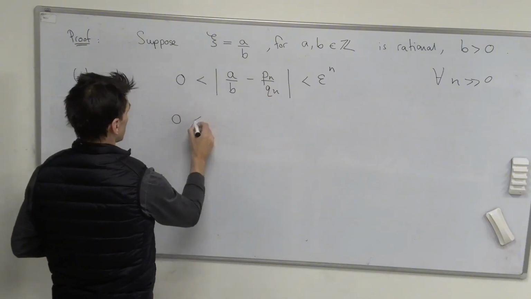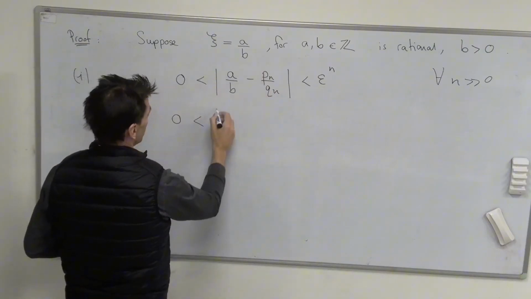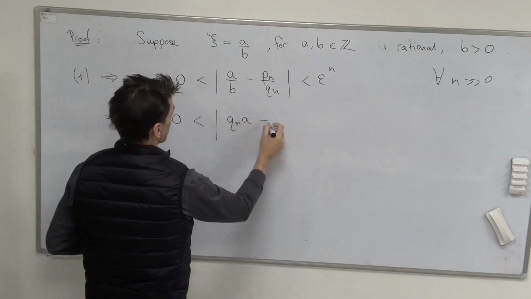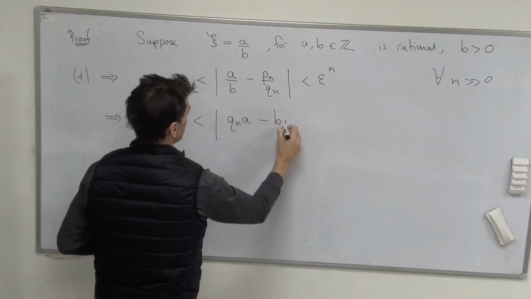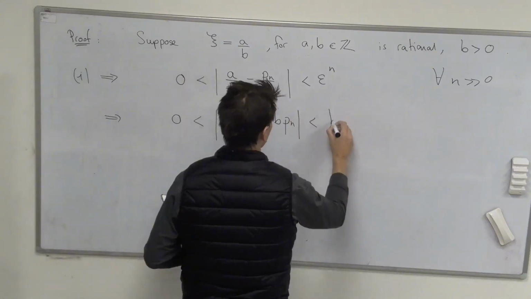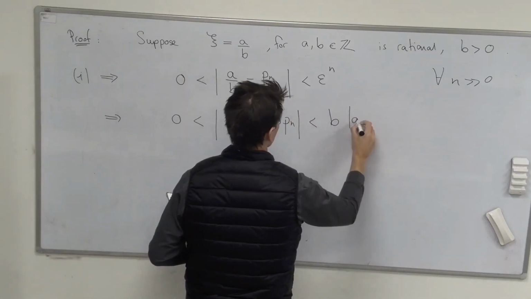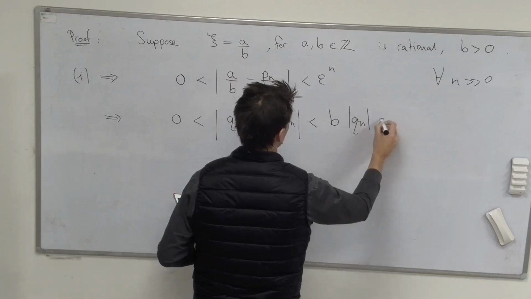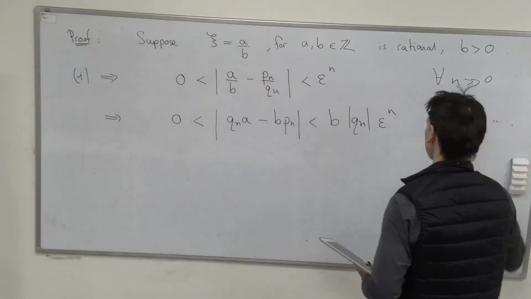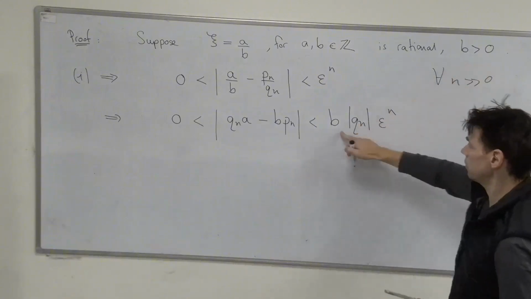So I multiply through by b and Qn, and we get that Qn a minus b Pn is less than b times the absolute value of Qn times epsilon to the n for all n sufficiently large. So b is positive here.